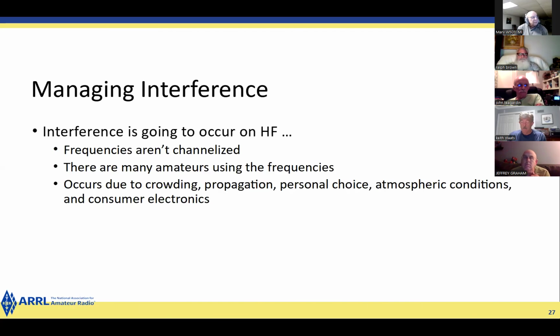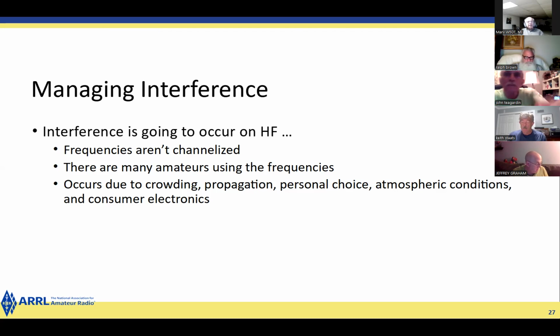Managing interference. Again, we're back to the idea that as opposed to VHF, UHF, we're not channelized, and a lot of amateurs are using the frequencies, and so things get crowded. We have atmospheric conditions, lightning strikes, you name it.